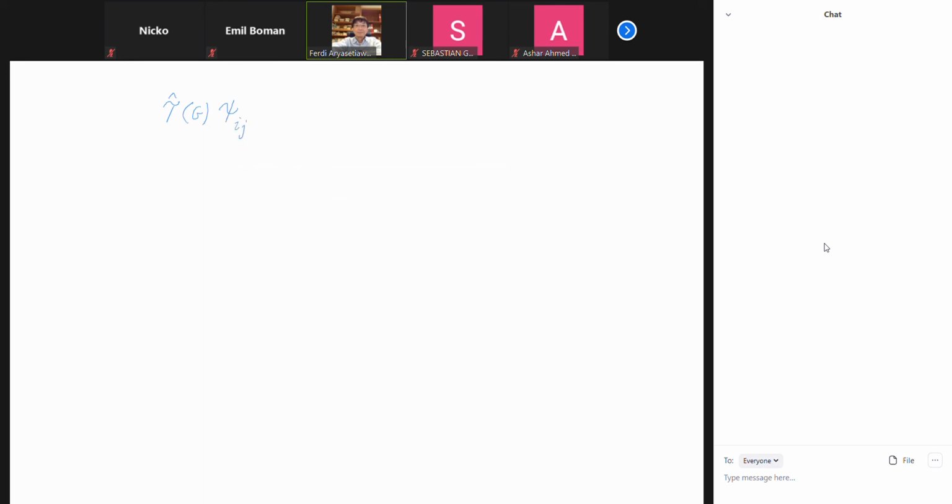So phi ij here is just this function or state, so that is equal to f, I beta J.